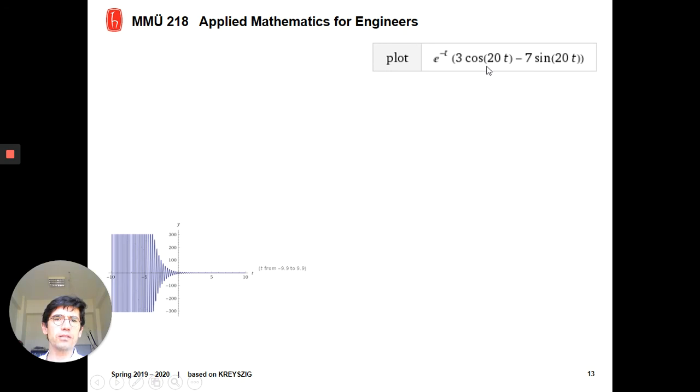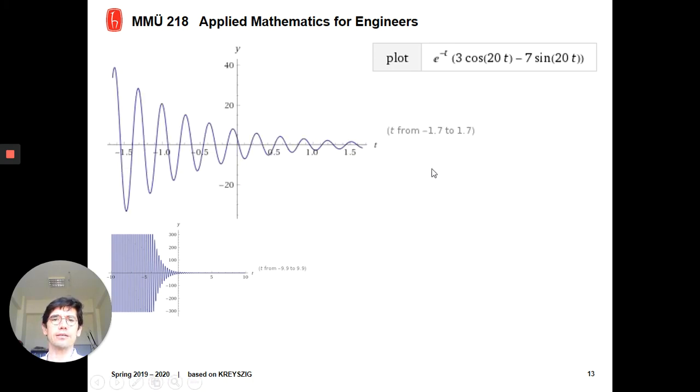And if we plot the time domain function, which we found together in the notes, that looks like this from a big minus to a big plus. And if you shrink that time to minus 1.7 to 1.7, that looks like that. But remember one thing, all these Laplace transforms were valid for the range of t's that are positive.